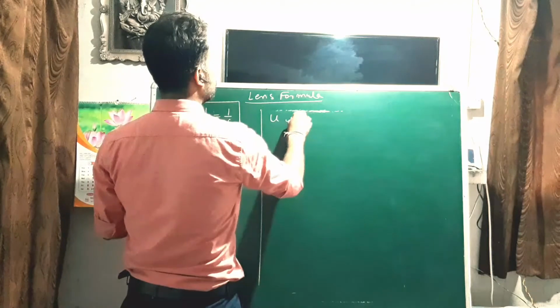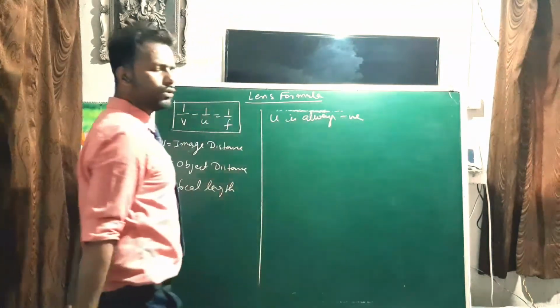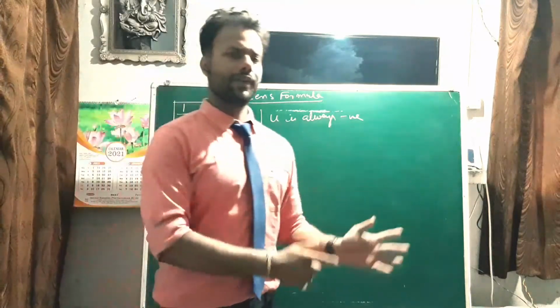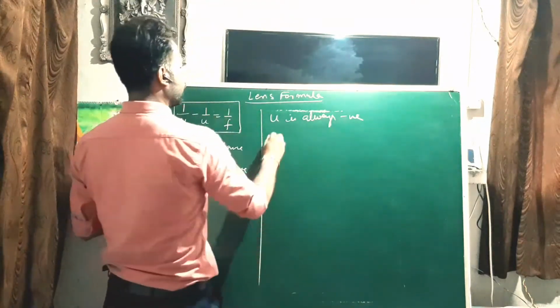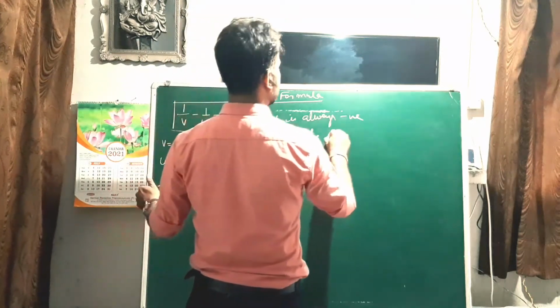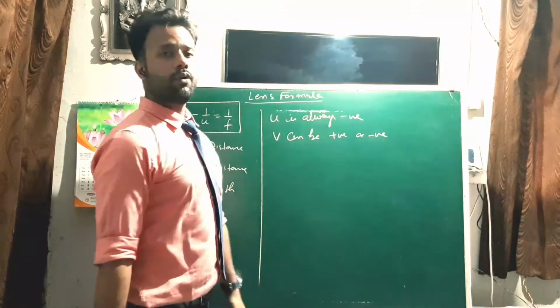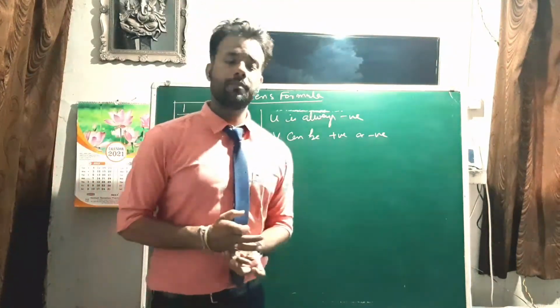So I'm writing here: u is always negative, because obviously the object is always on the left hand side, right? v can be positive or negative depending upon where the image is situated.